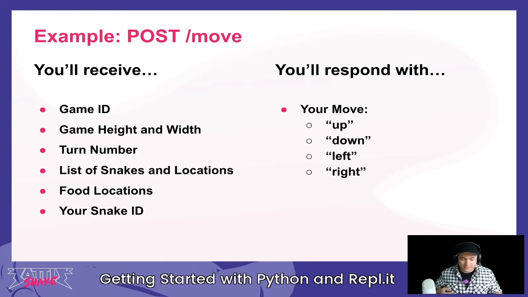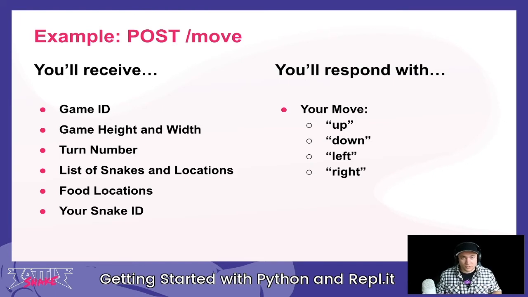So for every turn of the game, you're going to receive a move request, and it's going to have some information about the current state of the game, such as the game ID, so the ID of the game that you're currently playing. It'll give you the height and width of the board. It'll tell you what turn you're on. So if you're on turn 0 or turn 900, whatever turn you're currently on, it'll list all the other Battlesnakes on the board, as well as their locations.